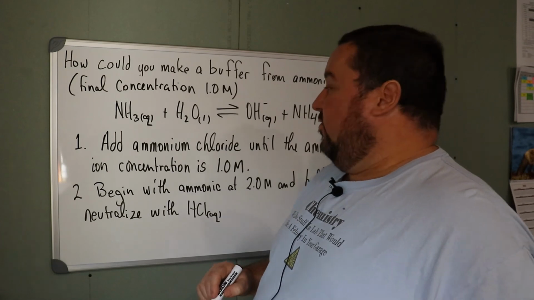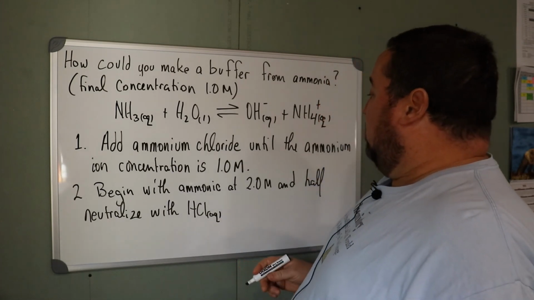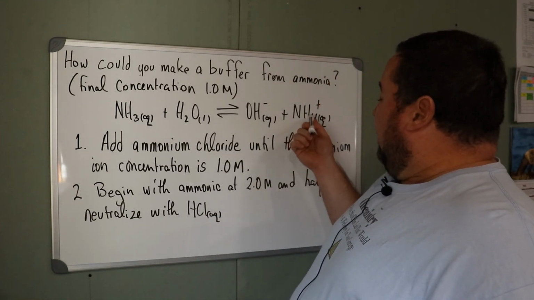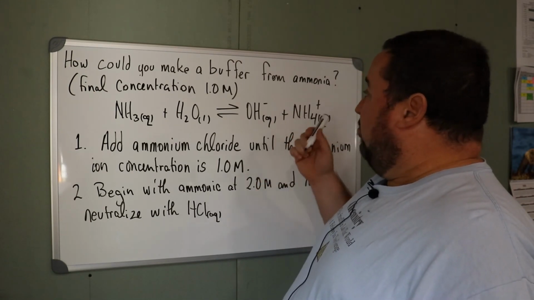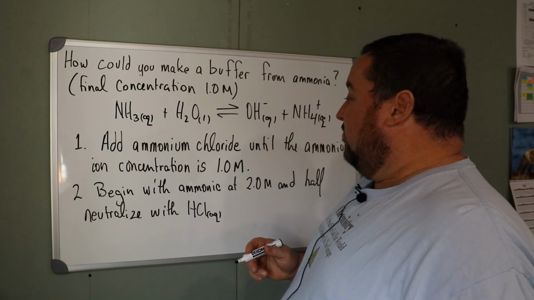Any strong acid will do, but by choosing HCl, I will arrive at exactly the same solution. Again, even the spectator ion, which is the chloride, will be the same in these two solutions.